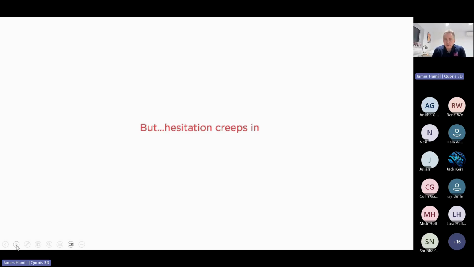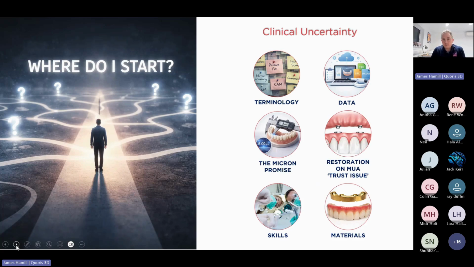But getting involved in digital workflows, there are certain hesitations that creep in. And one of the things that we spend a lot of time in our lab doing is talking to dentists about trying to answer this question, which is, where do I start? And these can be experienced dentists, experienced implant dentists, but just being able to work through some of these more complex cases can raise a lot of questions, and there can be a lot of clinical uncertainty.